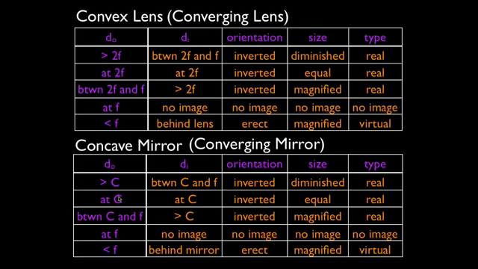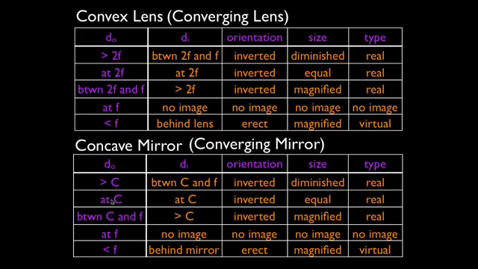Okay? So you should notice that the answers on this table for the convex lens and the answers on this table for the concave mirror are exactly the same. For example, when the object is at 2F, the image is at 2F.